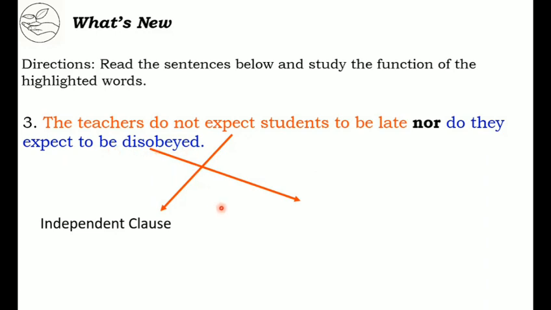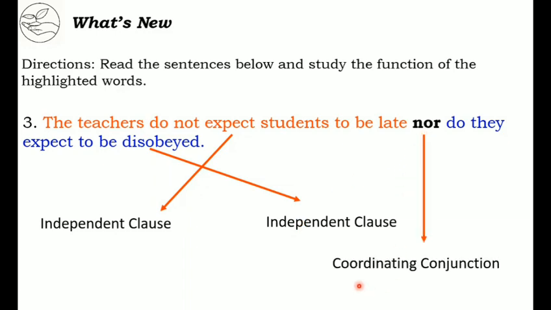This is also an independent clause because it still expresses a complete thought. We have the subject, they, and we have the predicate, do expect to be disobeyed. Now, here in the middle, nor is our coordinating conjunction. The function of this coordinating conjunction is also to connect these two independent clauses.